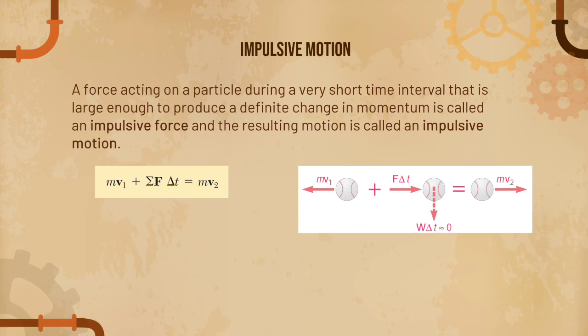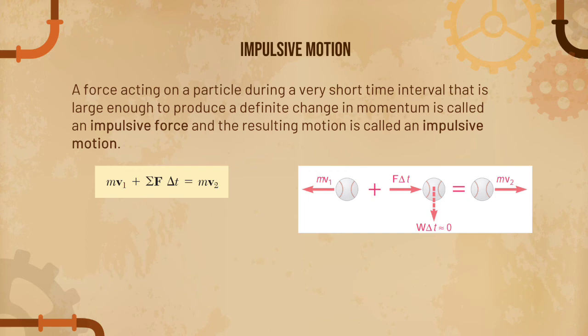Impulsive motion. A force acting on a particle during a very short time interval that is large enough to produce a definite change in momentum is called an impulsive force, and the resulting motion is called impulsive motion. For example, look at the figure.